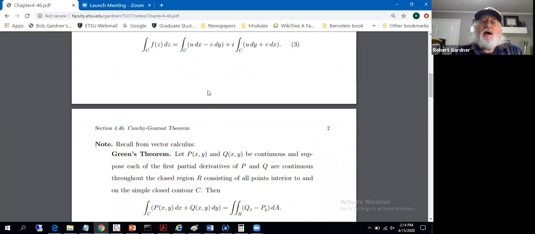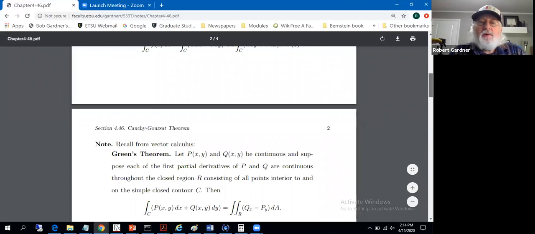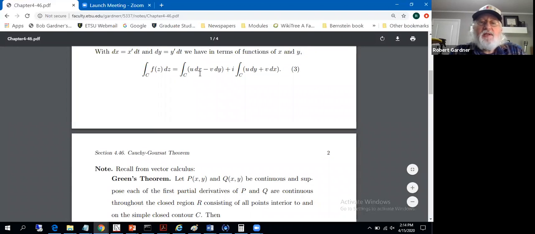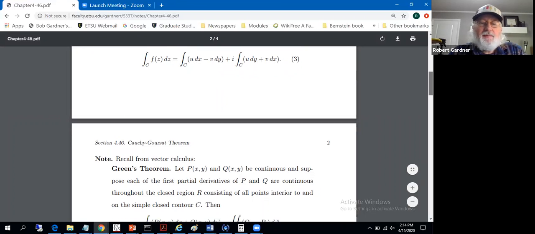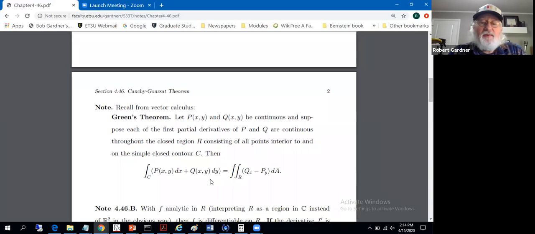That's what we got up top. We've got an integral of something dx and something dy. So both of these integrals on the right-hand side of equation 3, they look like this stuff. So that's why we're looking at Green's theorem.